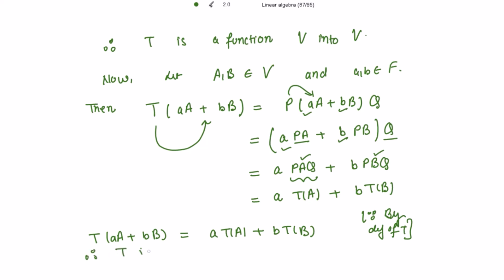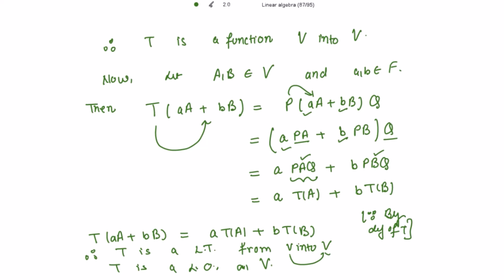So therefore T is a LT, meaning linear transformation, from V into V. And because this is a linear transformation from V into itself, we write that T is a linear operator on V. LO means linear operator on V.